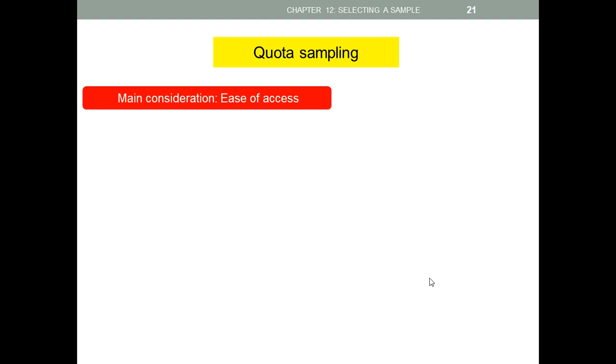You can approach the library users, and they are ready to provide the information through interview or through filling in the questionnaire, and they are a group that is quite accessible. So you take the opportunity to access them, and you take the opportunity to employ quota sampling because of ease of access or high accessibility to the sample.